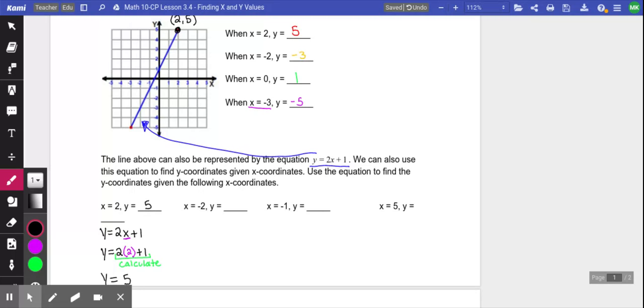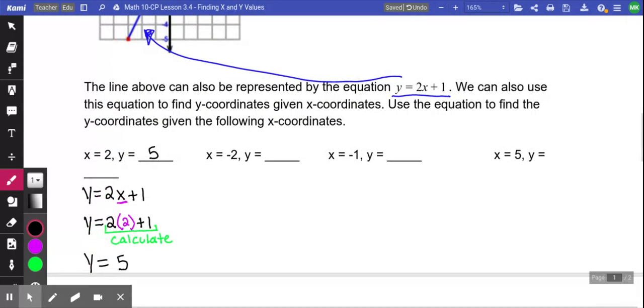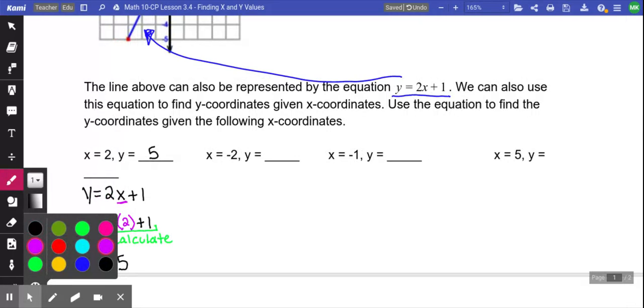Cool. Let's do a few more. This one says x equals -2. So let's go to our original formula, which is 2x plus 1, and let's change x to be -2. When we change a letter to be a number, we put brackets.